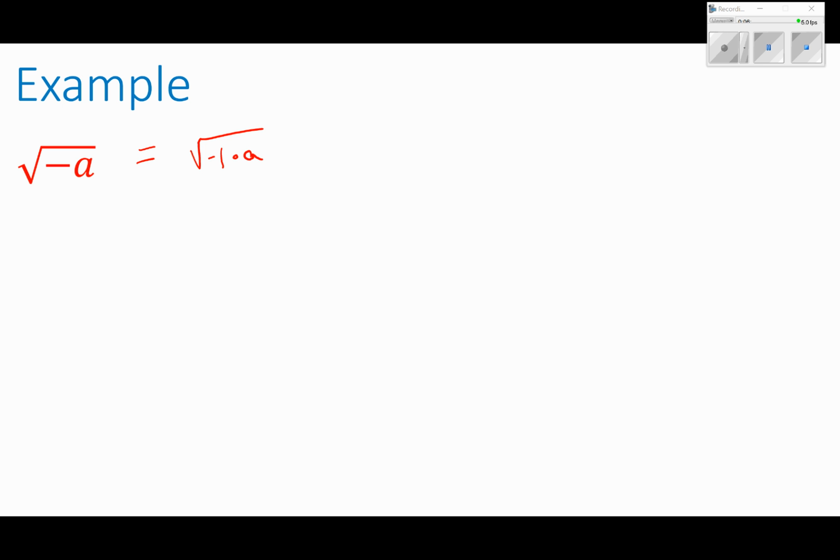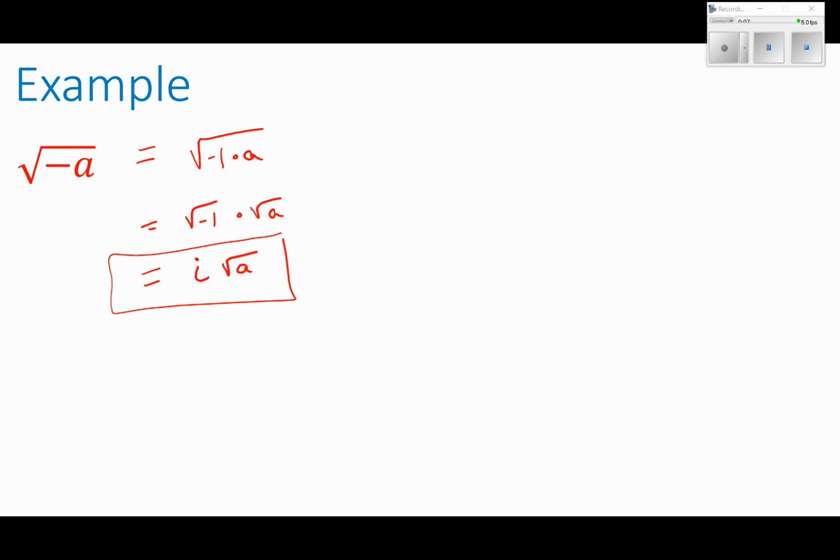My properties with square roots allow me to break these into two individual square roots and multiply those together. Square root of -1, we just identified that relationship. Square root of -1 is I. So we no longer have that square root of a negative going on. Square root of -1 becomes I, and then this is left as square root of a.